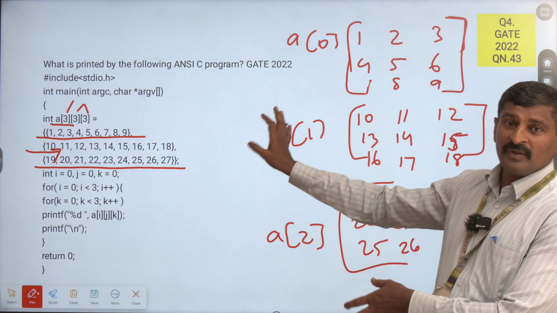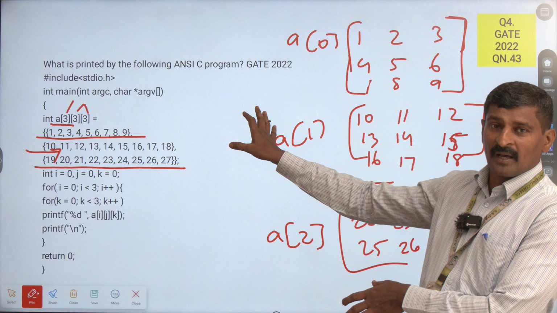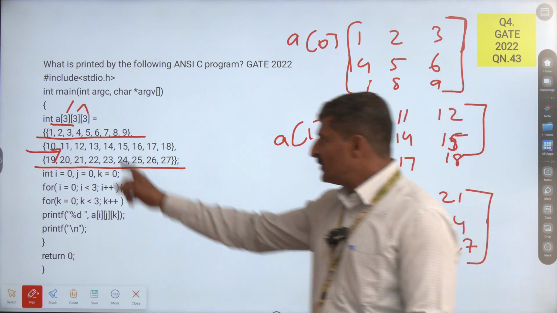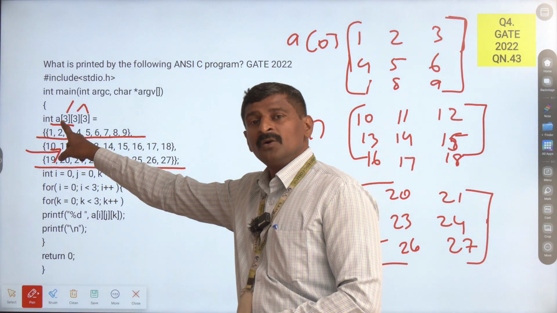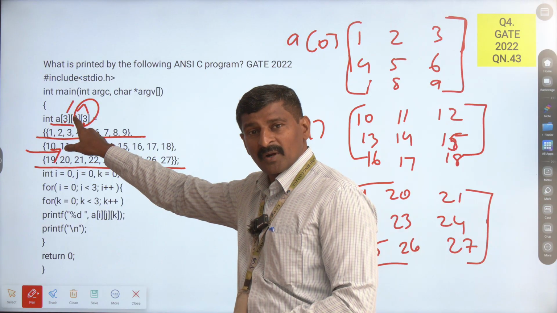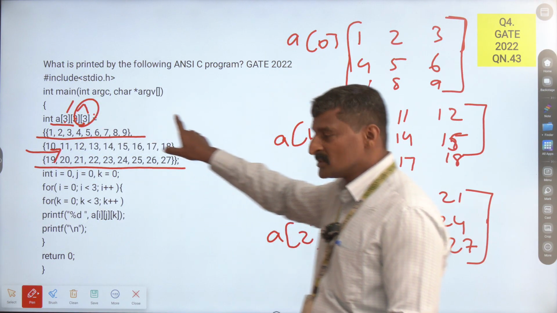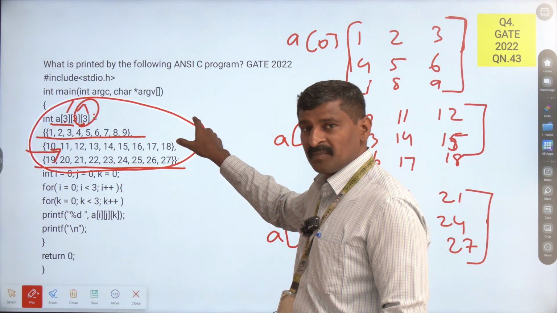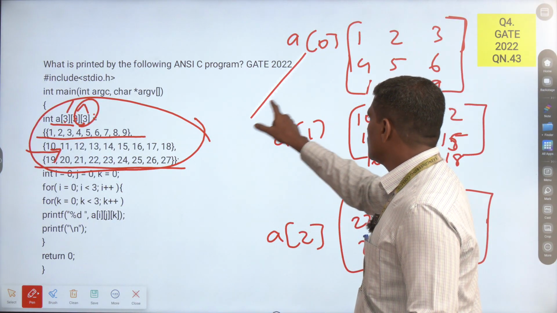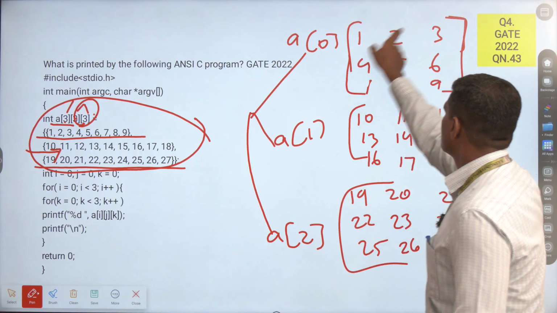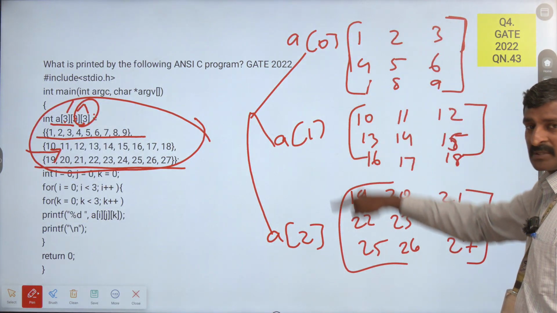So now we are representing the three-dimensional array A of 3,3,3 in terms of three two-dimensional arrays, each having 3 rows and 3 columns.